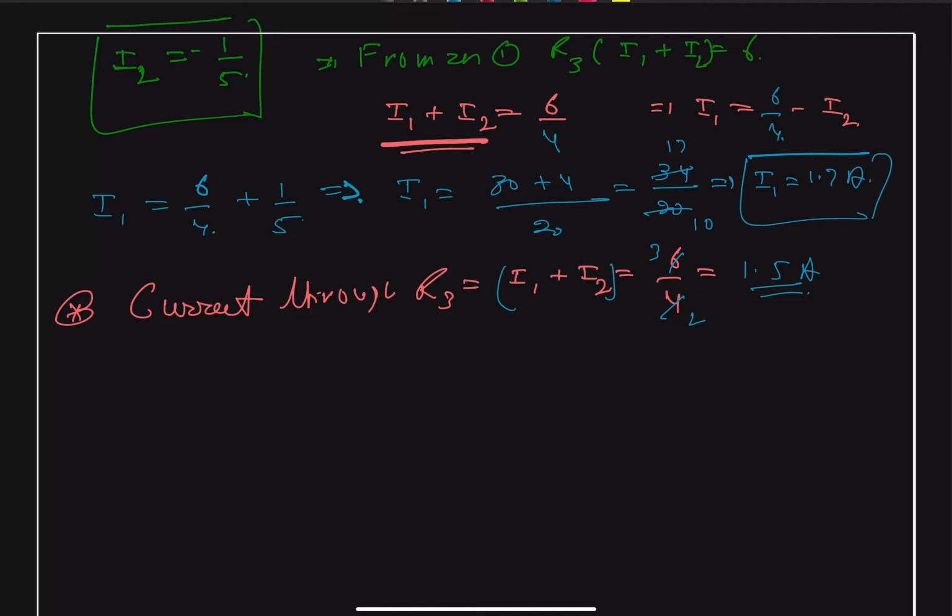And we need to find out the energy stored in the capacitor, which is half CV square. And we need to find out the potential difference across the capacitor.